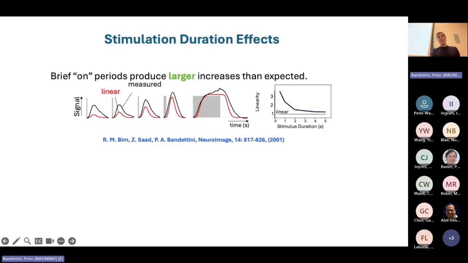With a nonlinear system, it might show, and this is the case, a much larger than expected response with a very brief stimulus, meaning that there's some amplified transfer function at very brief stimuli. But that seems to not apply as the stimuli get longer and longer. So there's something highly nonlinear going on. The system is nonlinear for very brief stimuli.